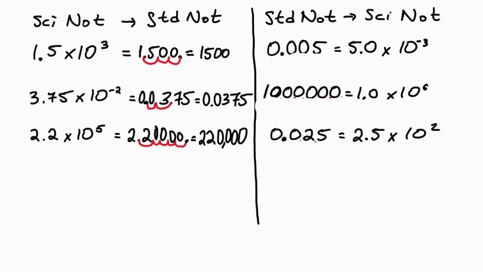So this 2.5 times 10 to the second power is going to make this number a lot bigger, but we want it to be smaller so it's equal to what's on the left-hand side of the equation. So do we want to multiply our 2.5 by 10 to the positive 2 or the negative 2? Let's multiply by the negative 2 to make it smaller and have it be equal to the left-hand side of the equation.